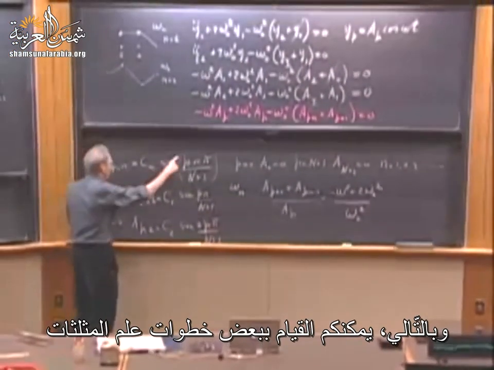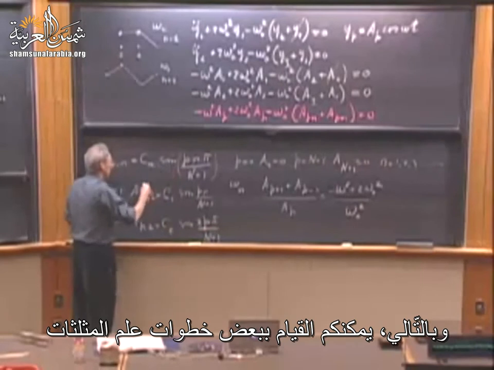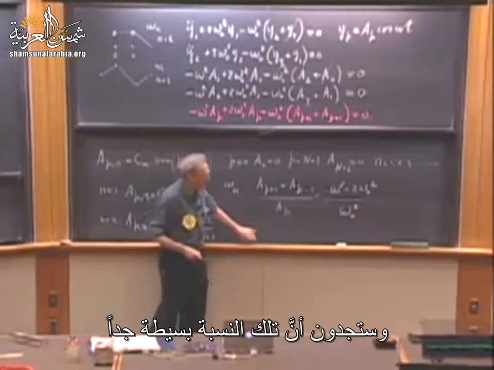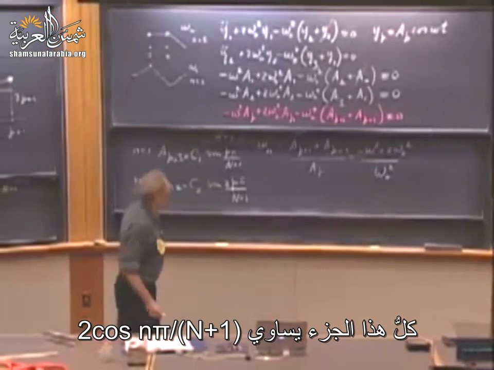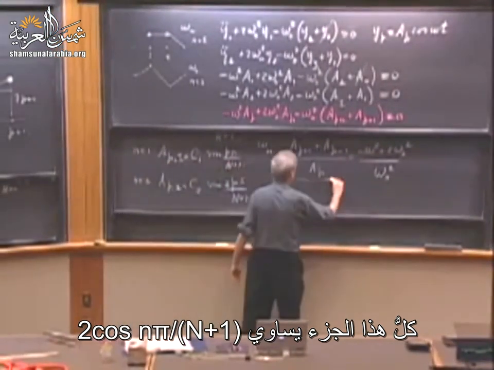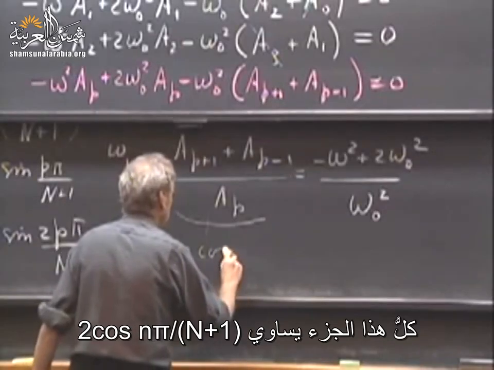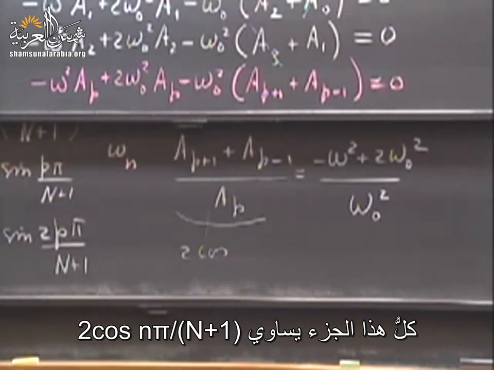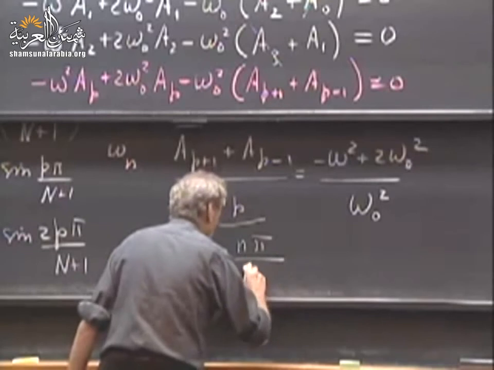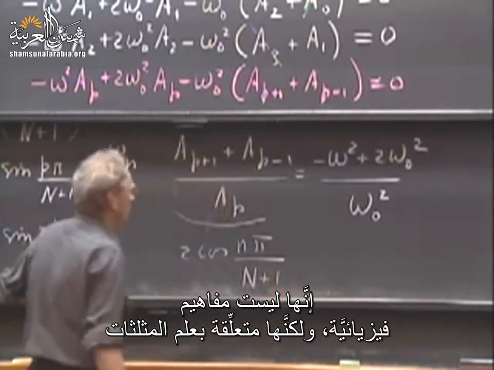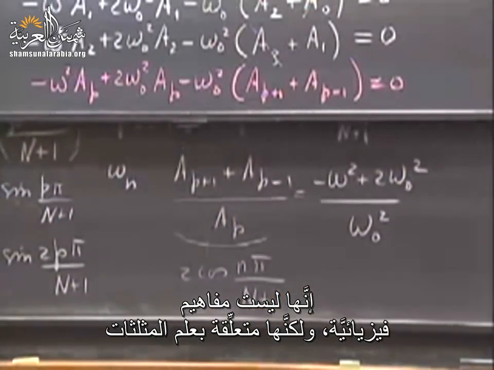And so you can now massage the trigonometry, and you can find that this ratio is very simple. It's twice the cosine. So this whole thing is twice the cosine of n pi over n plus 1. That is correct. Of n pi over n plus 1. So there's no physics there. It's purely a matter of trigonometry.